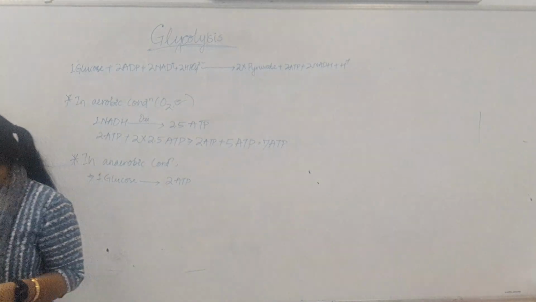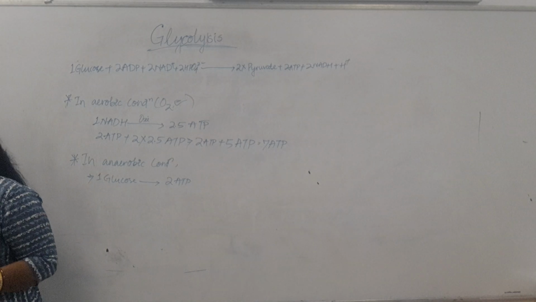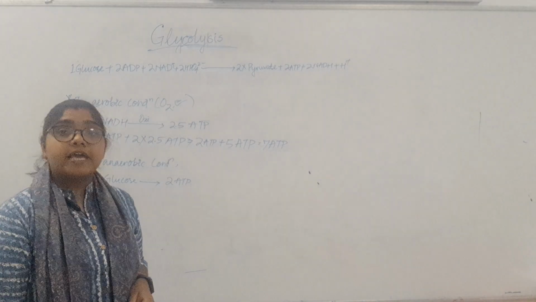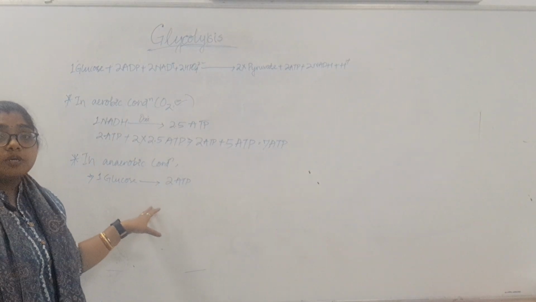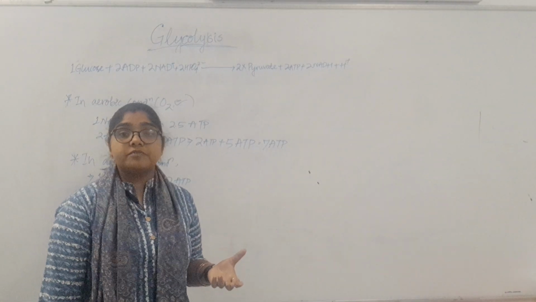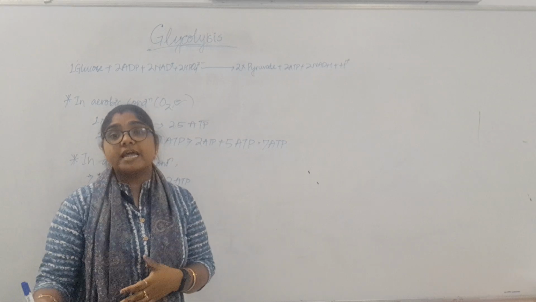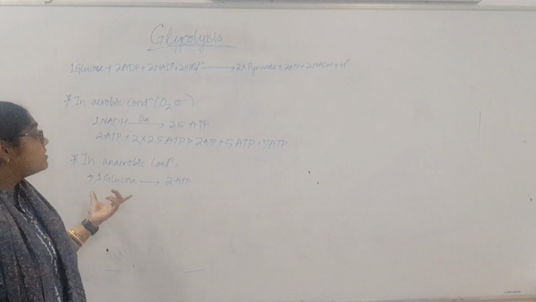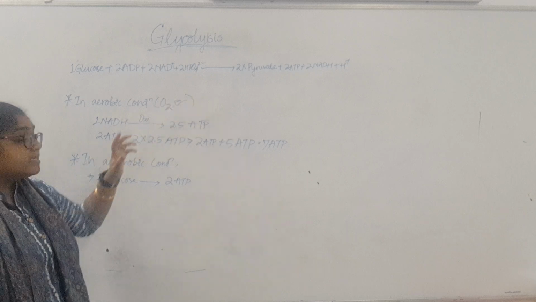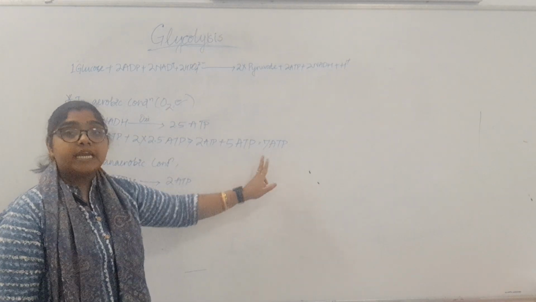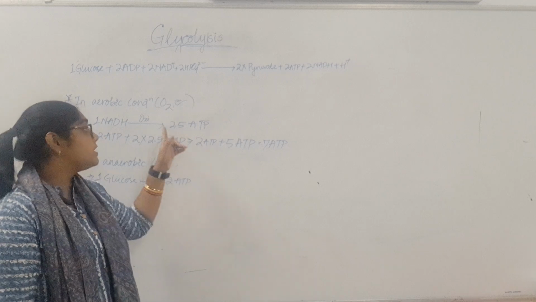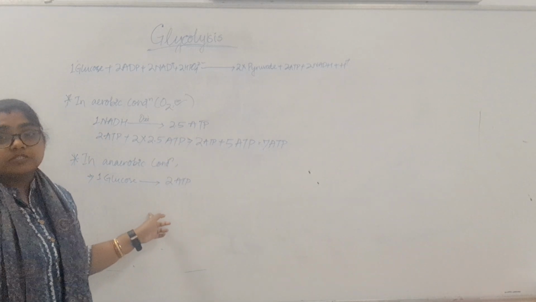Today in the video we have discussed the steps of glycolysis, the enzymes responsible for these reactions, and the net reaction of glycolysis, and at last we have discussed the ATP we get from glycolysis in both aerobic and anaerobic conditions.